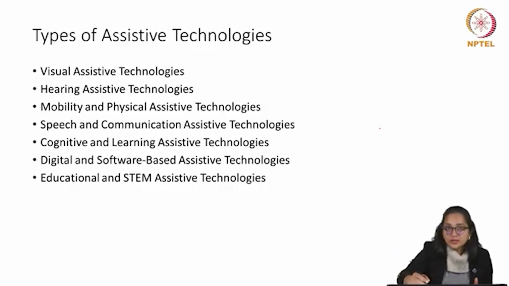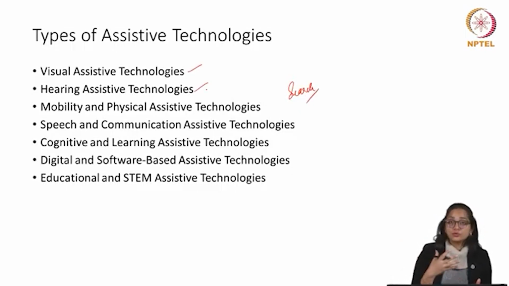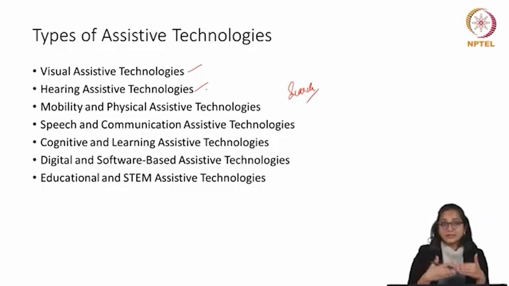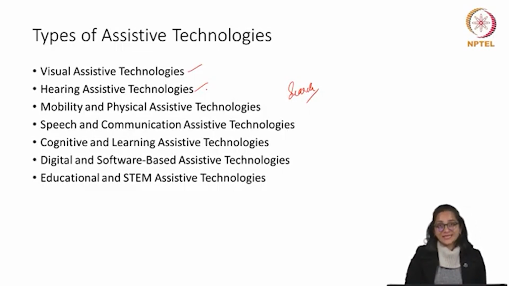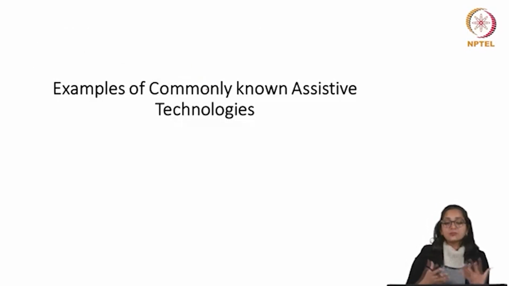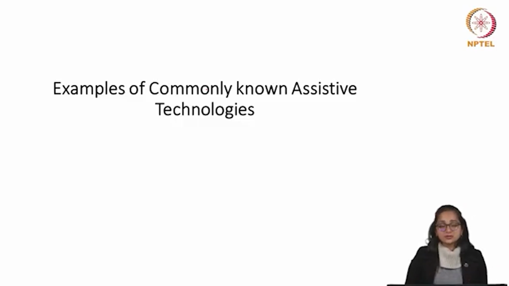So maybe what you can do is also do a search if you want to deep dive into any of these, if you are working in any of these domains and you would like to explore in a deeper sense in terms of benchmarks, standards, state of the art, all of those. You can deep dive into each one of them and get a hang of what the existing assistive technologies are. Still, we'll discuss some of the commonly known assistive technologies.